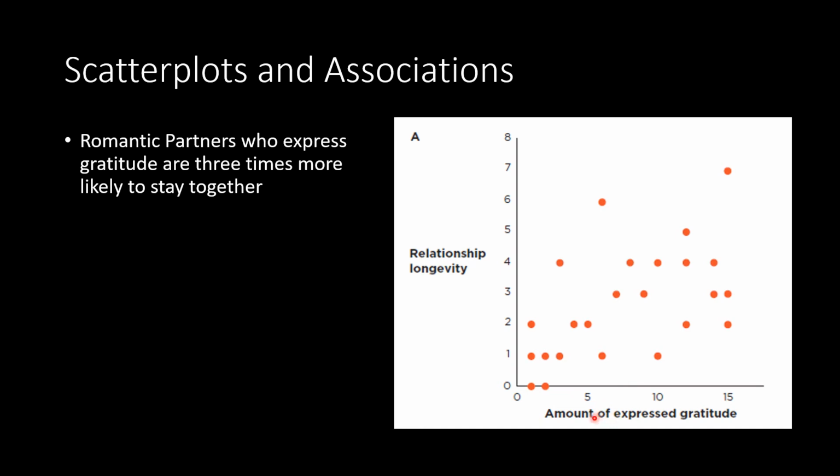And as the amount of expressed gratitude is lower, so too is the duration of those relationships. Now remember, just like I previously mentioned, this could be stated in the reverse as well. For example, people who tend to have longer relationships also tend to express much more gratitude in said relationships. So here would be an example of a positive association. Both things increase or decrease together.